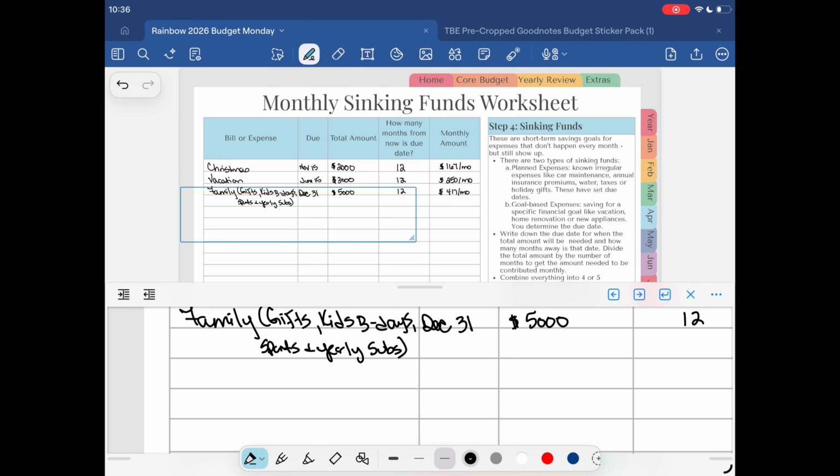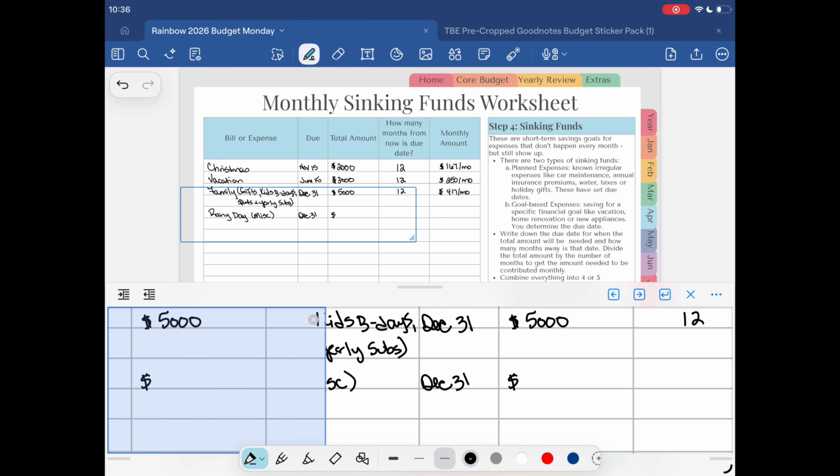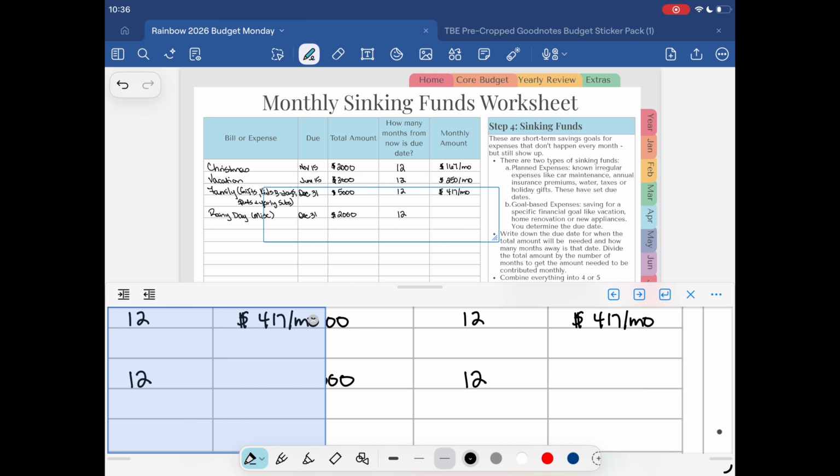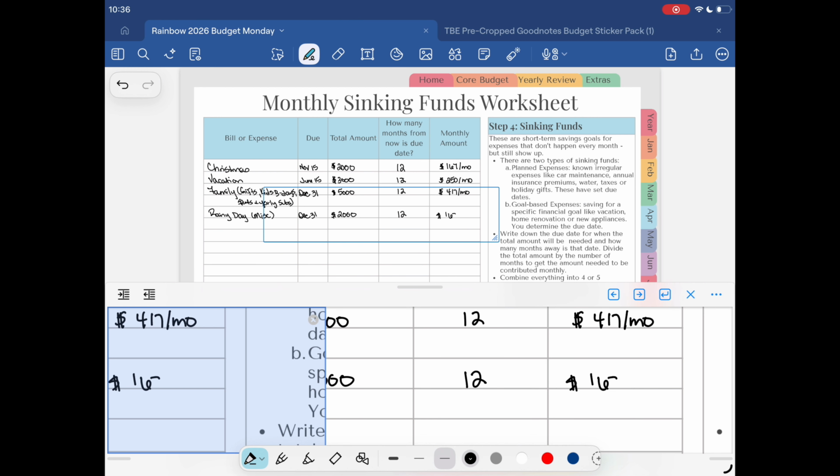Then the last sinking fund is a rainy day fund. So this is just kind of like a miscellaneous extra little cushion. And I have put in here $2,000, 12 months, which is $167 per month.